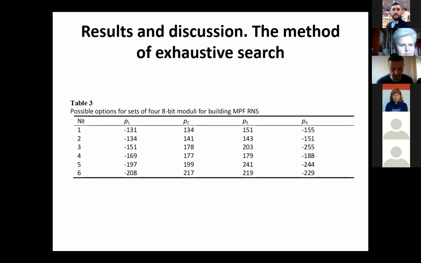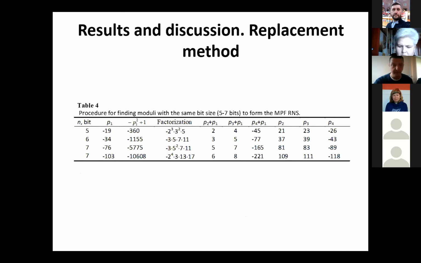And table 3 represents possible options for a set of 4 8-bit modules for building MPF RNS. Table 4 presents the procedure for finding modules with the same bit size, 7 bits, to form the MPF RNS.